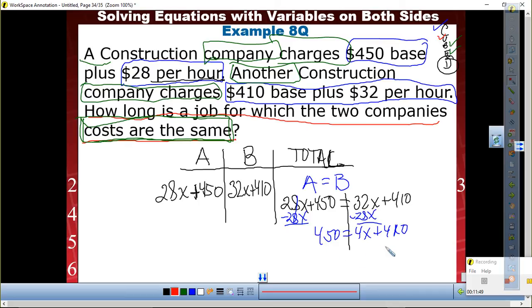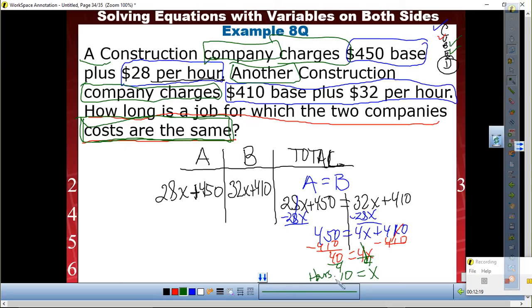Subtract 410 from each side. We're left with 40 equals 4x. Continue. Divide by 4. Therefore, 10 equals x. 10 what, everyone?